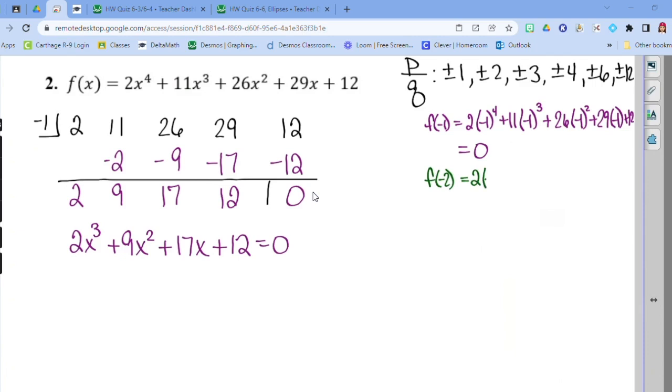So 2 times negative 2 cubed plus 9 times negative 2 squared plus 17 times negative 2 plus 12. So we have negative 16 plus 36 minus 34 plus 12, that's negative 2. So that doesn't give me what I want on that one.